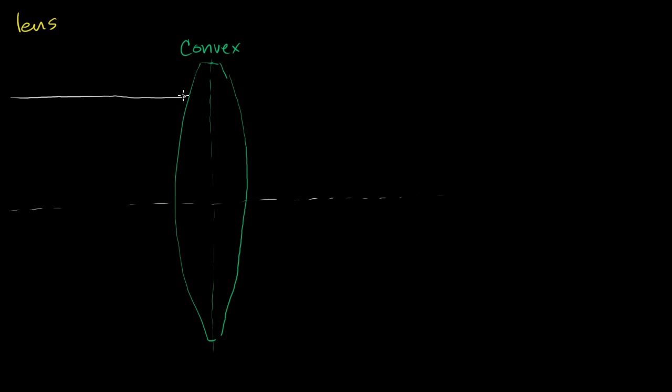But if you imagine light that's going parallel to that, right when it hits this surface over here, remember the perpendicular at this point is going to look like this, because the lens is actually curved. And remember, it's moving faster on the outside. So the top side of the light, if you imagine the car analogy, is going to be able to stay out of the lens a little bit longer than the bottom side, or the bottom wheels.